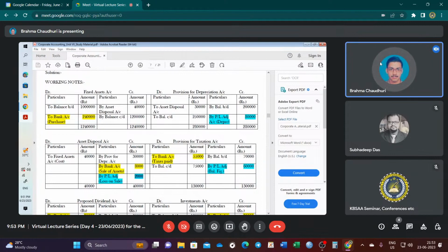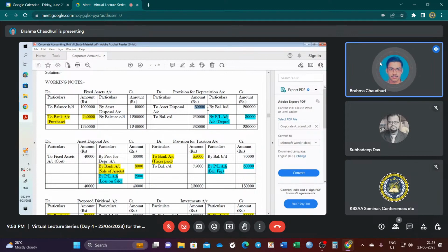So provision for depreciation opening balance was 2 lakh, closing balance was 2 lakh 50,000, and these 30,000 provision for depreciation has been written back. So provision for depreciation account debit to asset disposal account 30,000. What is actually the provision that has been created for this particular year? For this year, provision created is shown as the balancing figure.